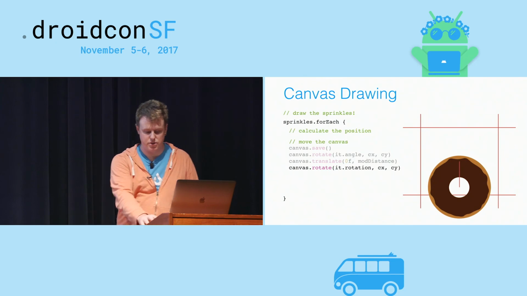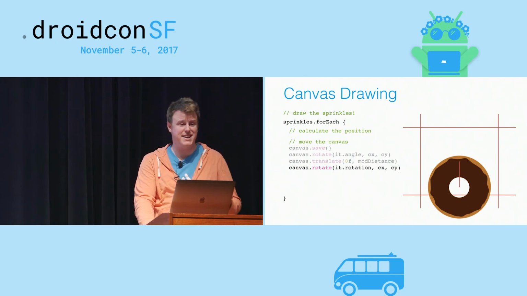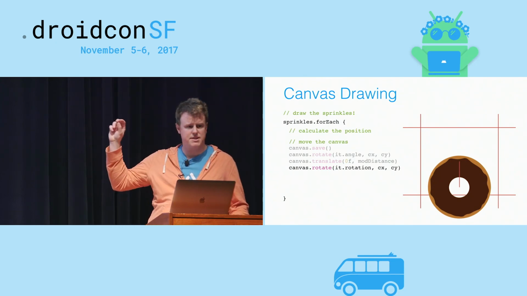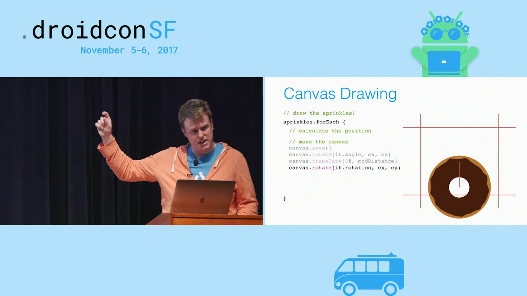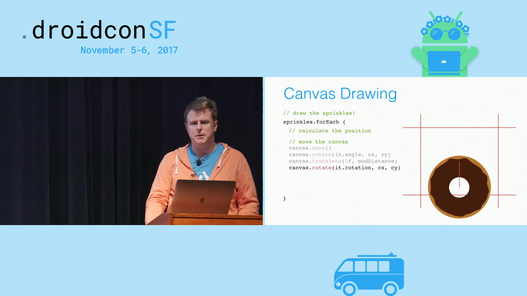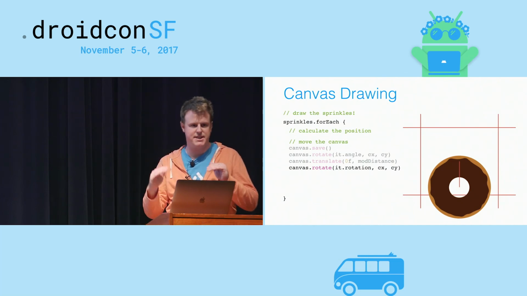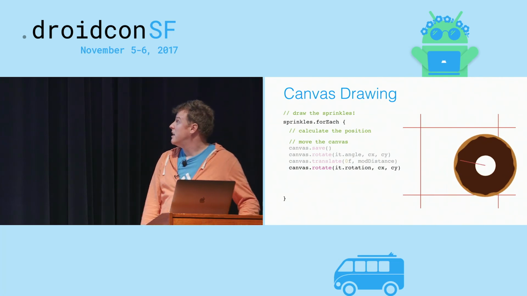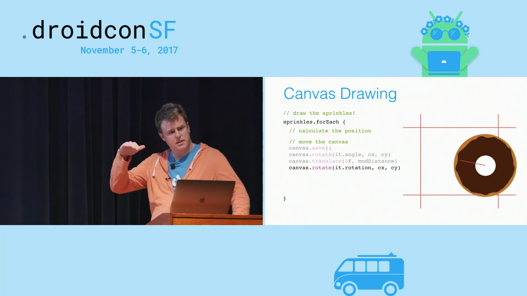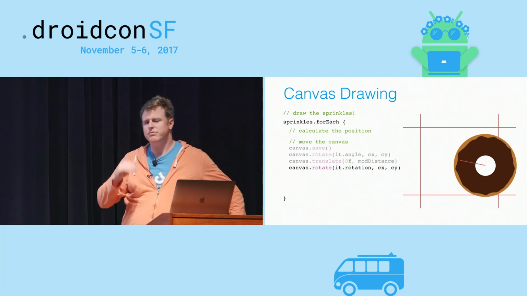Lastly, we're going to rotate again, and both of these times we're rotating around the center of the canvas. So now that we've got the center in the final position, the donut would look really weird if all of the sprinkles were sort of at the same angle. So now we're going to rotate again to determine the actual rotation of the sprinkle itself in its position.